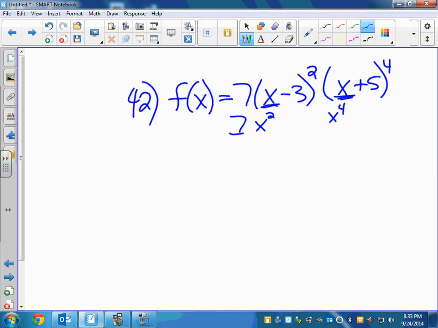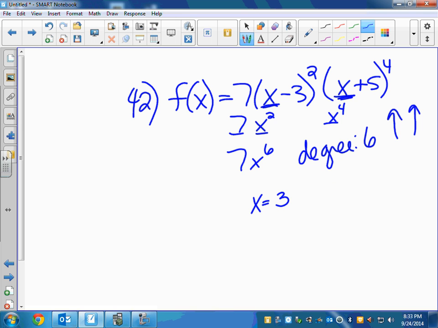But if you multiplied 7 times x squared times x to the fourth, our leading term would be 7x to the sixth, which means that's a sixth degree polynomial, and the coefficient's positive, it's even. You've got to know these rules, which means they're both going to be pointing in the same direction, and because it's positive, they're both going to be pointing up.